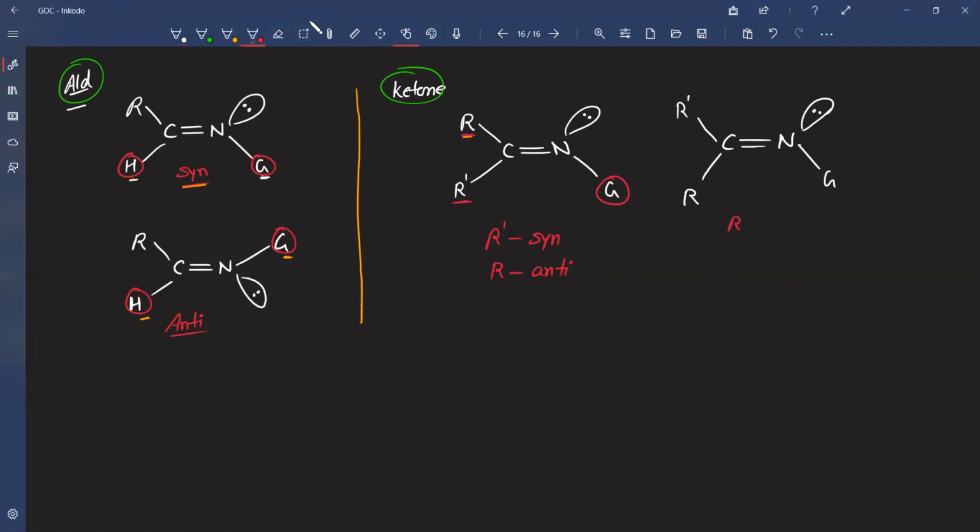With respect to R', it is anti position, and with respect to R, it is syn configuration. So we are saying with respect to G, everything is from the point of view of G, in both the cases. Let me know if you understood this or not.